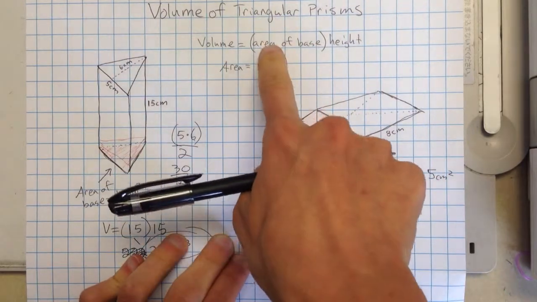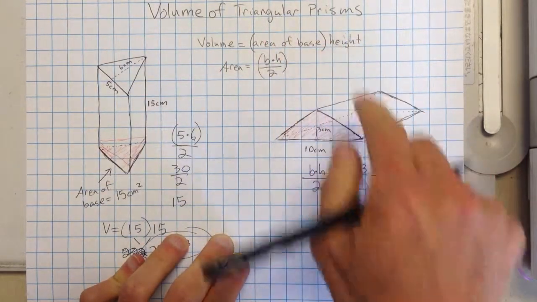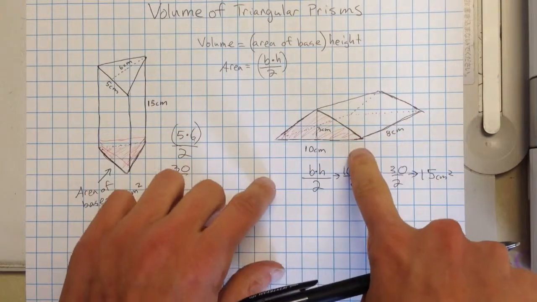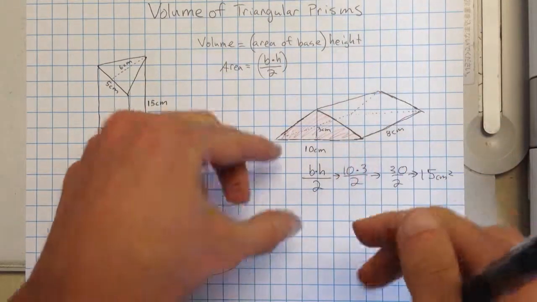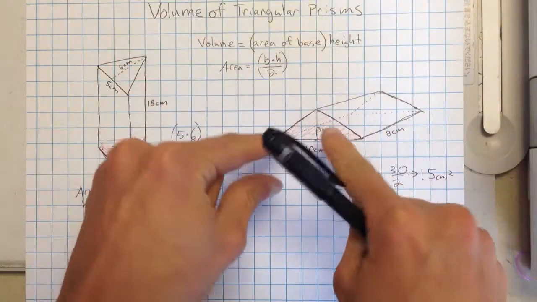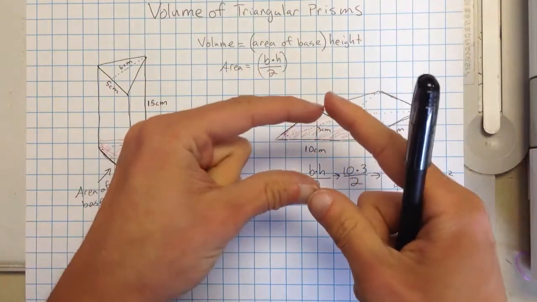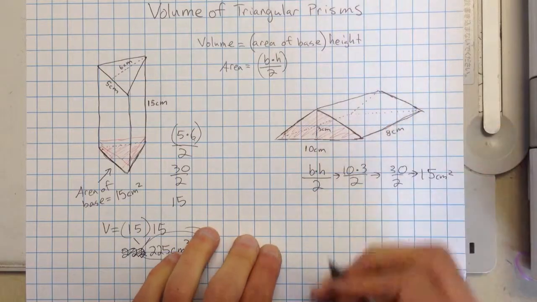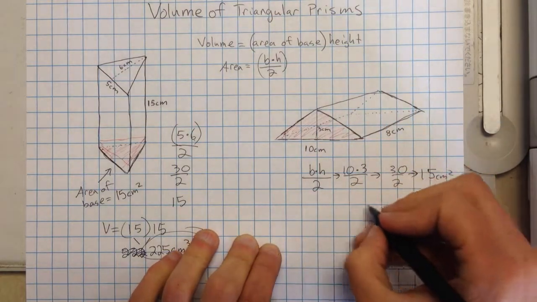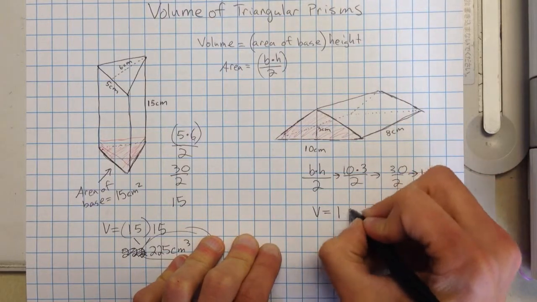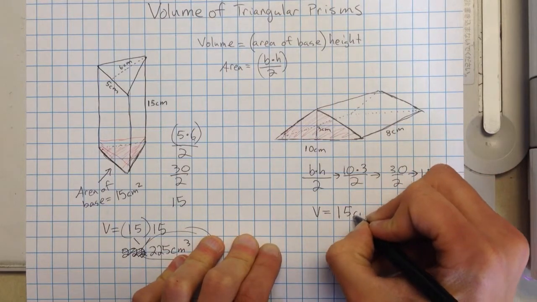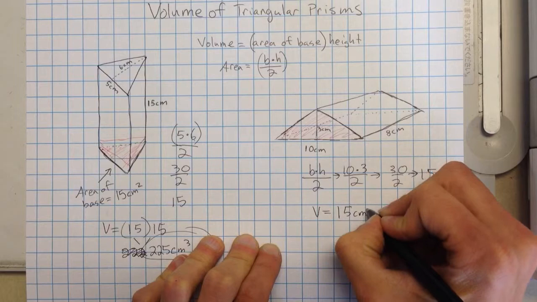So we know the area of our base now is 15 square centimeters. So I'm going to put it back in my equation. Area of the base times the height. Now, remembering this is, even though it's a depth dimension, it doesn't really look like height going up and down. We're imagining our shape. If we turn it so this is the base, we take that piece and turn it upright, it's going to be about 8 centimeters tall. So volume is going to equal the 15. Well, we'll put the units in there.